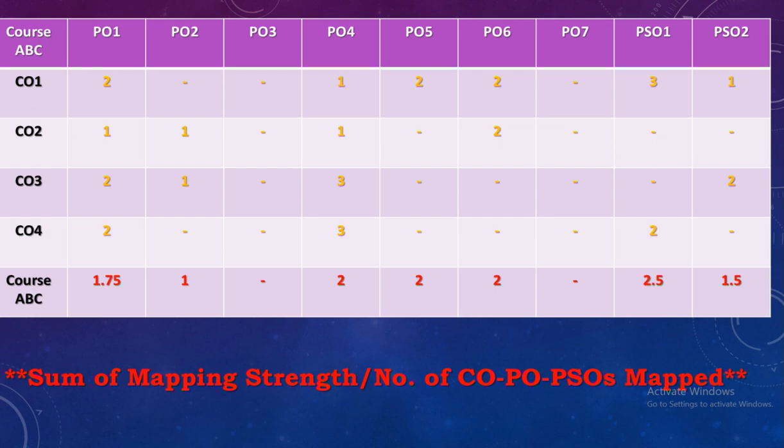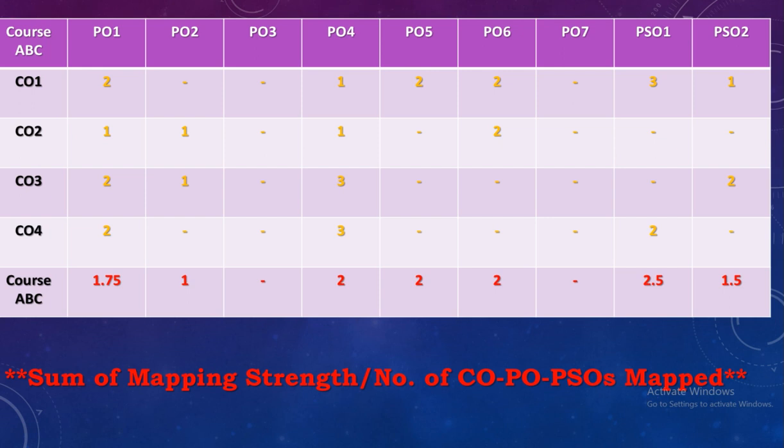Now, the case of PO2 is a little different. Here we shall see that CO1 doesn't match with the PO2 statement. A similar case happens with CO4. It has no correlation with PO2 statement. Therefore, they are marked with a hyphen. There is a very low relationship between CO2 and PO2, and CO3 and PO2 both have been given the marks of 1.